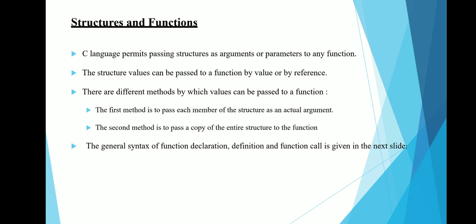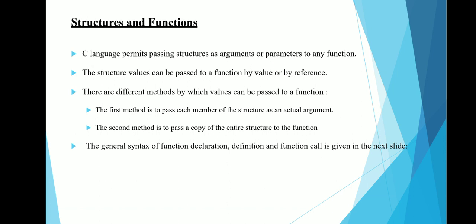So in the same way we can also use structure values as an argument to a function by value or by reference. There are different methods by which values can be passed to a function. The first method is to pass each member of the structure as an actual argument.